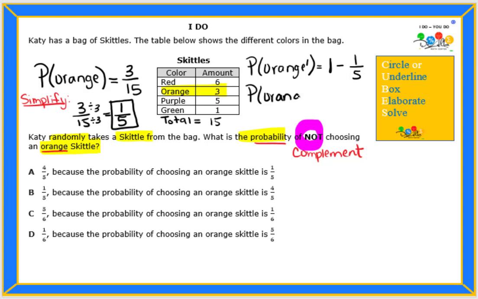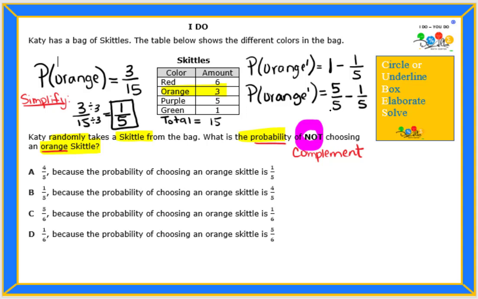So let's go ahead and think about 1 in a way that we could use it here to subtract. So if we're going to subtract 1/5, we need our first fraction to be in fifths. So 1 can be any number over itself, so I'm going to choose the 5. So it could be 5/5. And that way, when I subtract 1/5, I have common denominators.